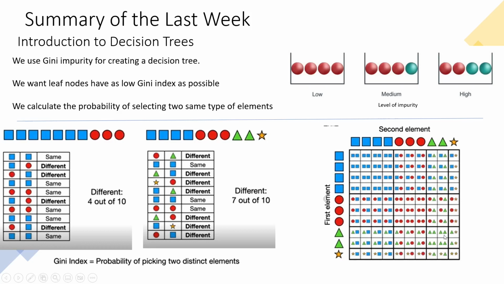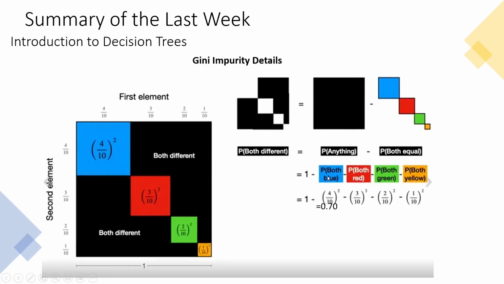We take this area and then we take this area. Mathematically speaking, we have 1 minus the blue area plus the red area plus the green area plus the yellow area. And in this case the Gini index is 0.7.